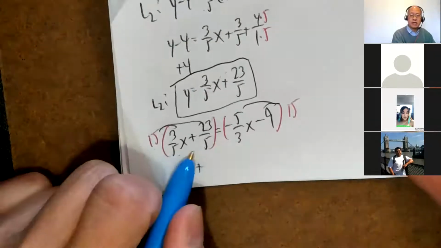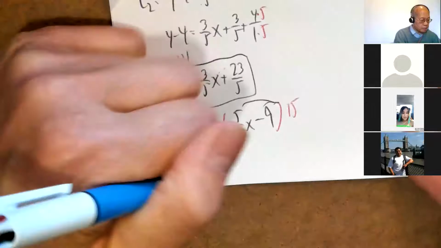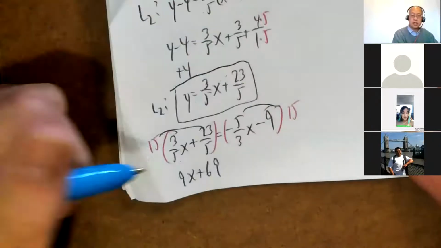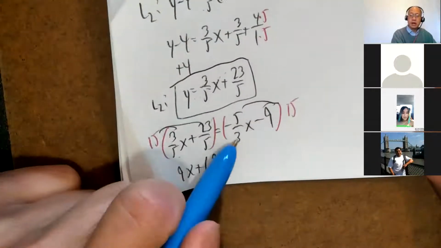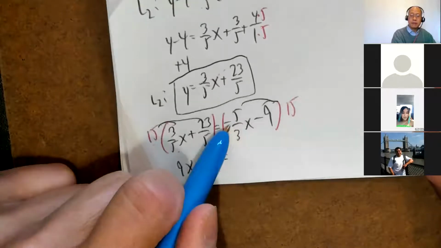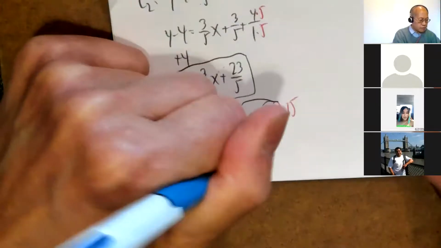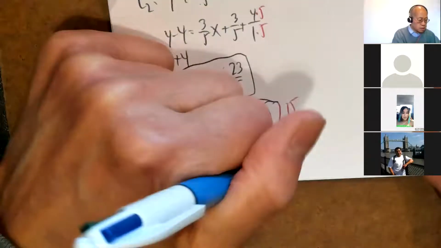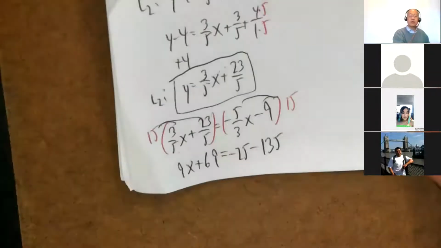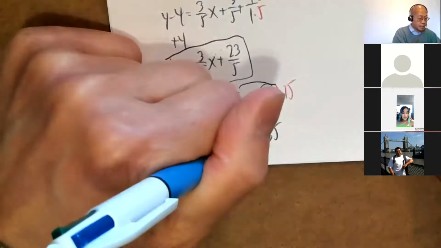Plus 15 divided by 5 is 3. 3 times 23, punch it in the machine, 69. 15 divided by 3 is 5. 5 times negative 5 is negative 25. 15 times 9, punch it in the machine, 135. I forgot the x here, sorry.